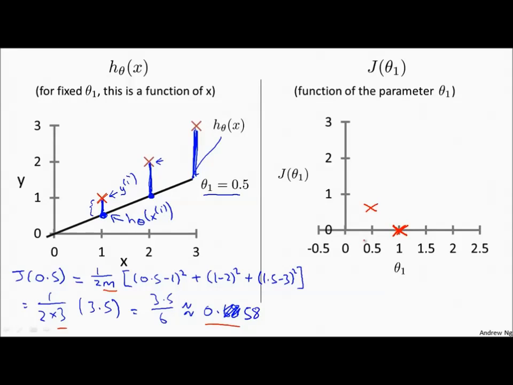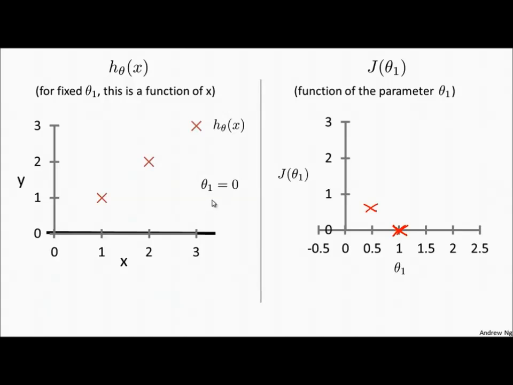Now, let's do one more. How about if theta 1 is equal to 0? What is J of 0 equal to? It turns out that if theta 1 is equal to 0, then h of x is just equal to this flat line, right? It just goes horizontally like this.